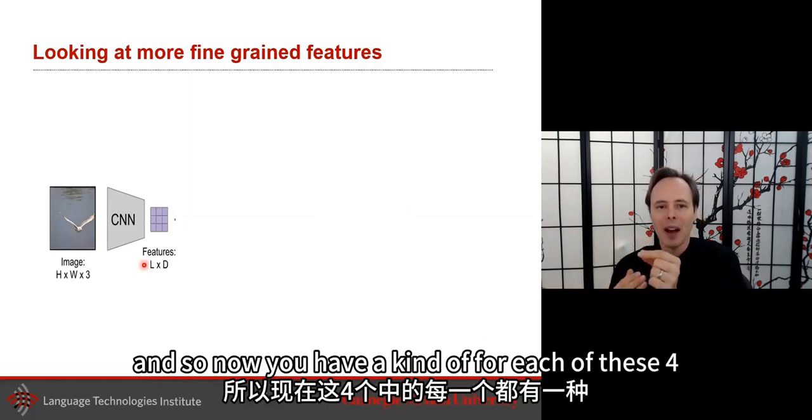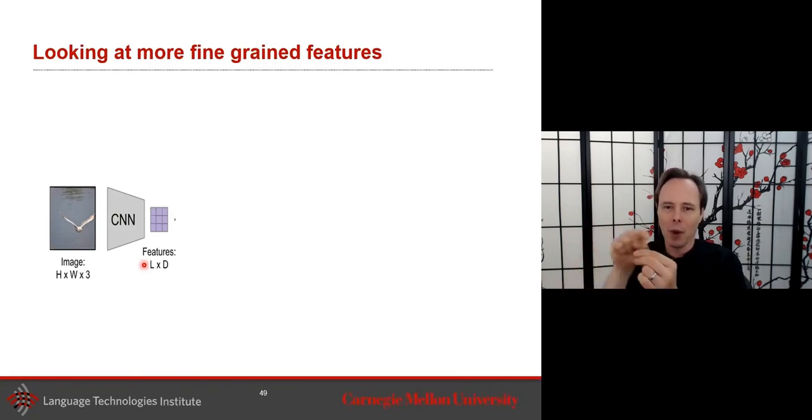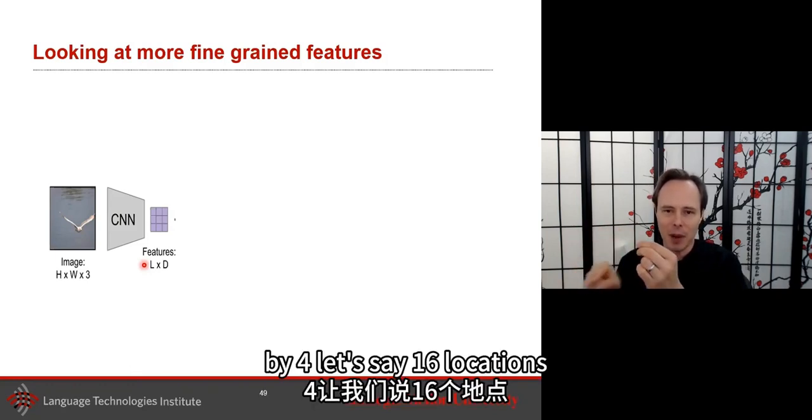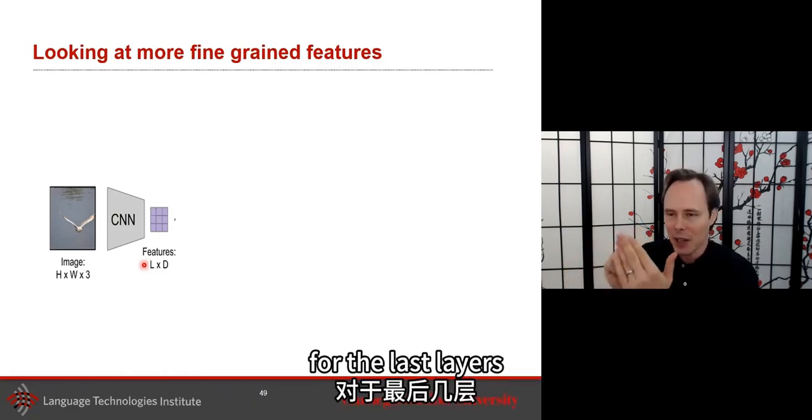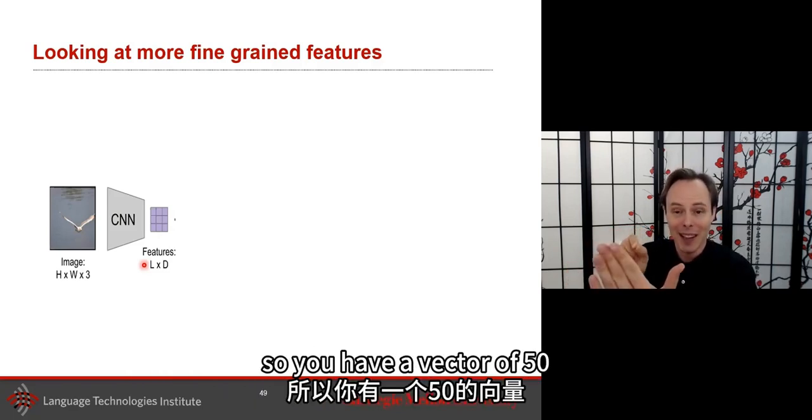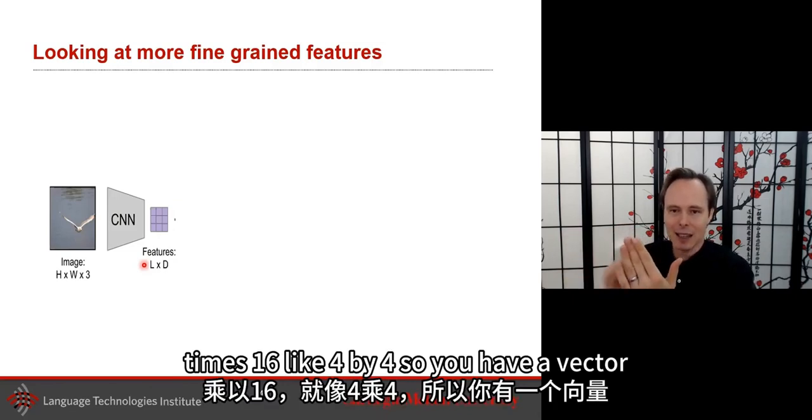And so now you have, for each of these 4 by 4, let's say 16 locations, a vector of, let's say you have 50 kernels for the last layers. So you have a vector of 50 times 16, so like 4 by 4.